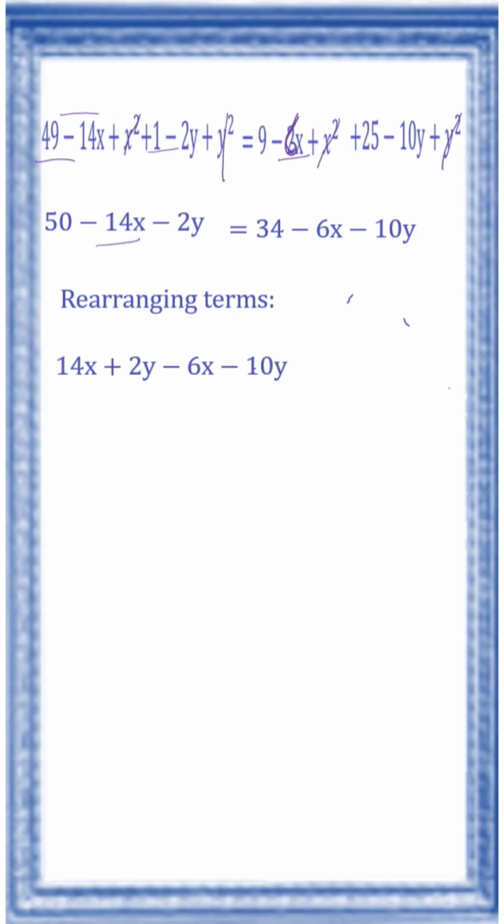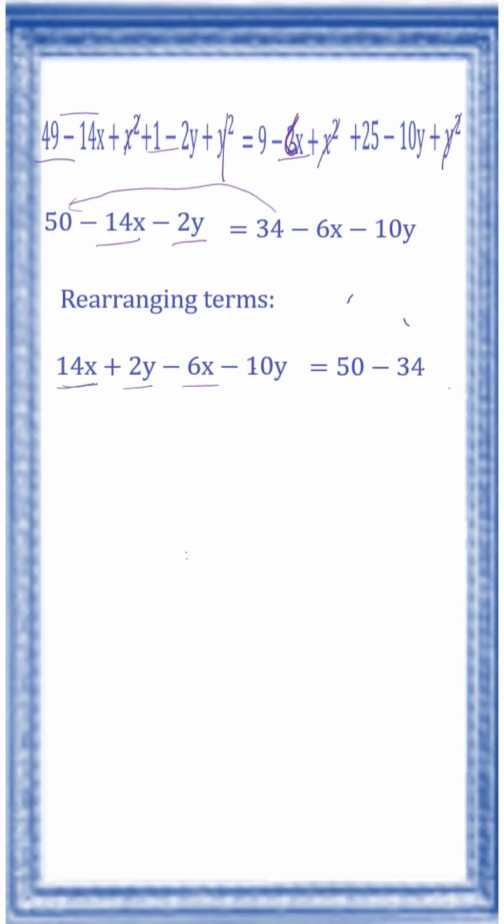Transpose 14x to this side, then it becomes plus 14x, and 2y to this side, plus 2y, minus 6x minus 10y is equal to 34 minus 50, or 50 minus 34 transposed to this side.